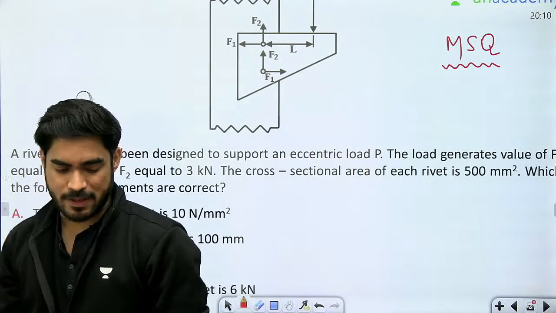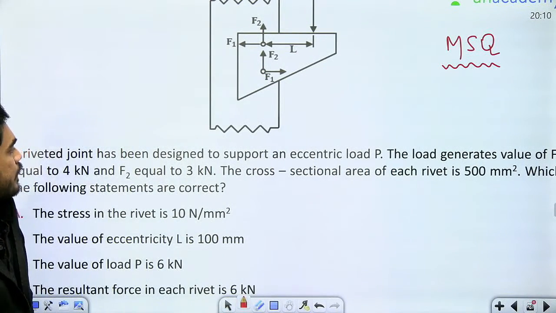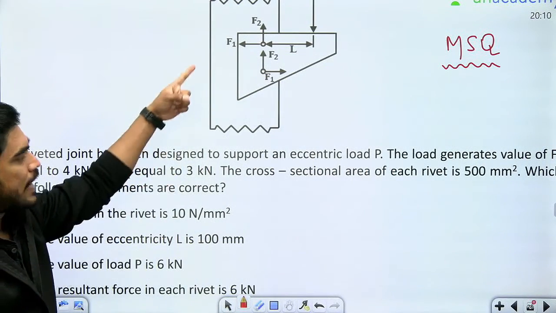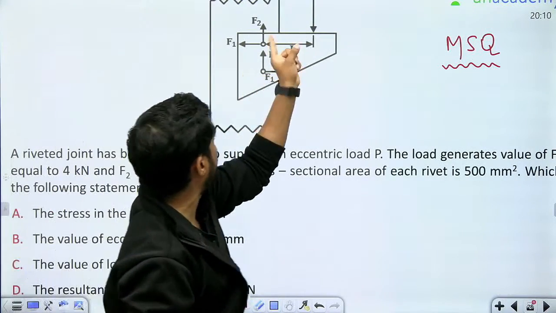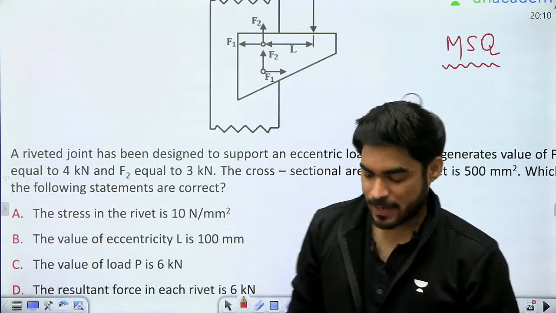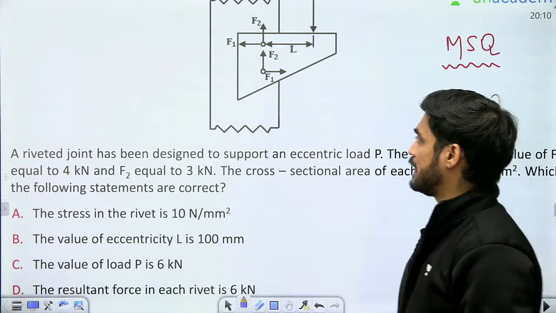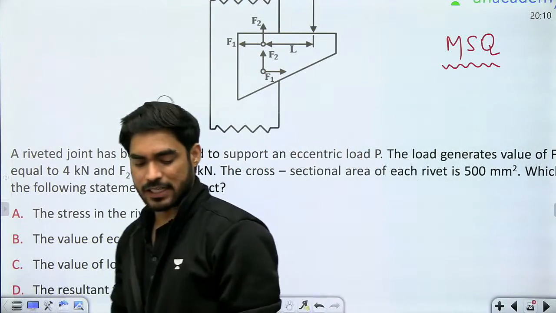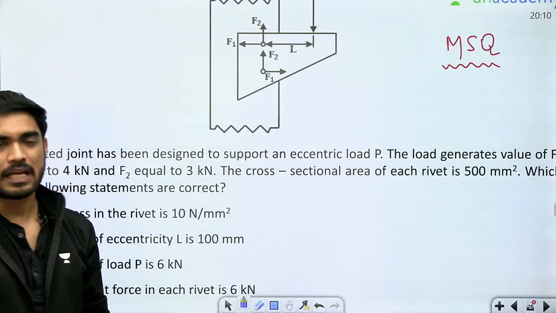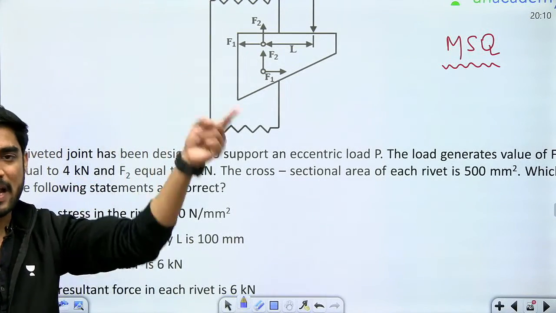So first, F2 is what? Primary force. F2 is the primary force, and primary force multiplied by number of rivets will give you the total force. Total force divided by number of rivets is primary force.